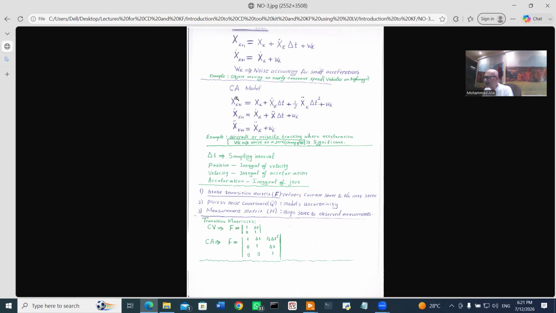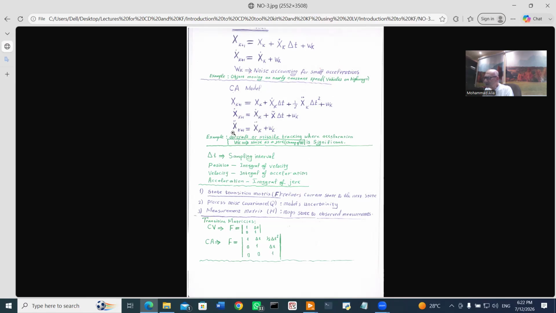So we can define the position at the new step by knowing the position at the previous step, knowing the velocity at that step, and knowing the acceleration, which is considered to be constant. So here in this third equation, x double dot at instant k plus 1 is equal to x double dot k.